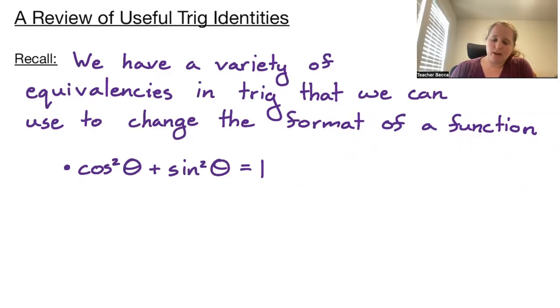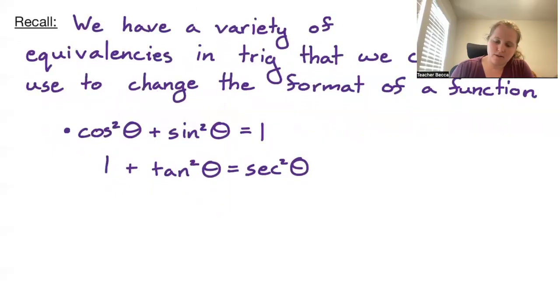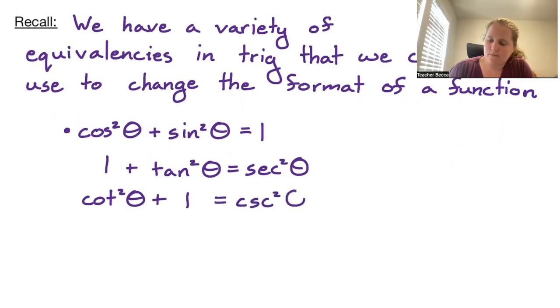If we divide through by cosine squared, we wind up with 1 plus tangent squared theta is equal to secant squared theta. If we take the original equation and divide through by sine squared, we get cotangent squared theta plus 1 is cosecant squared theta. So these are all equivalencies that we can play around with.